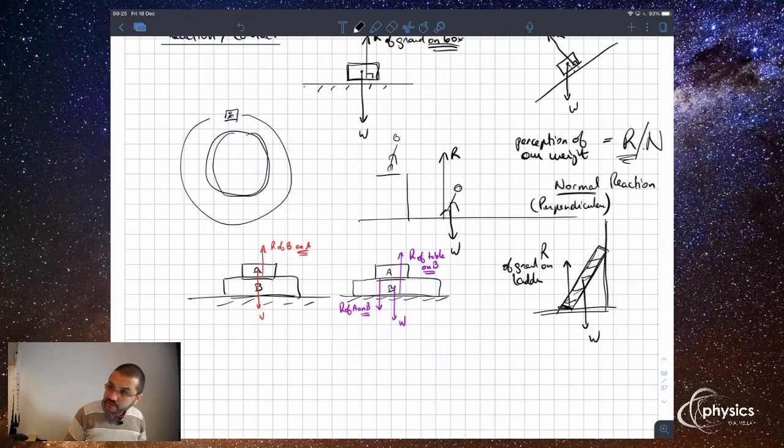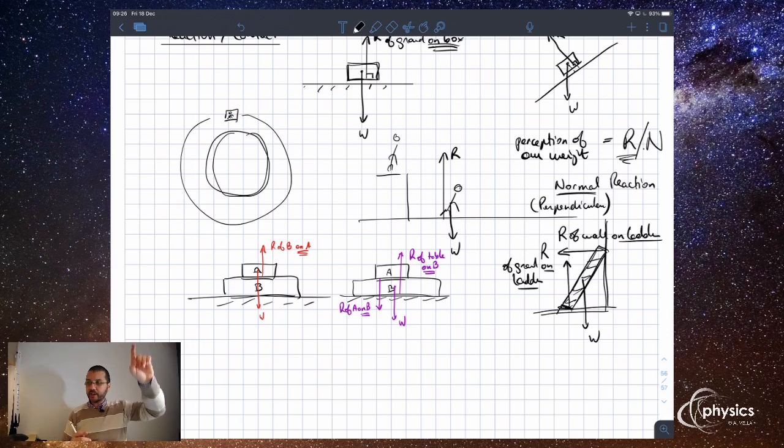And then there's another reaction because the ladder is pushing the wall, so the wall will push the ladder to the left. That is the reaction of the wall on ladder. As you can see, both forces are acting on the ladder. It's pushing the ground, so the ground will push back. It's pushing the wall, so the wall will push back.